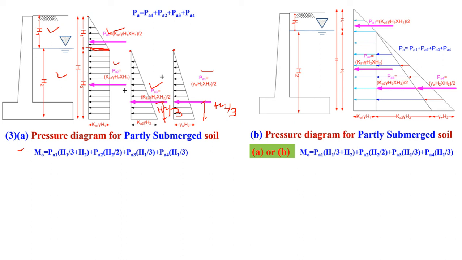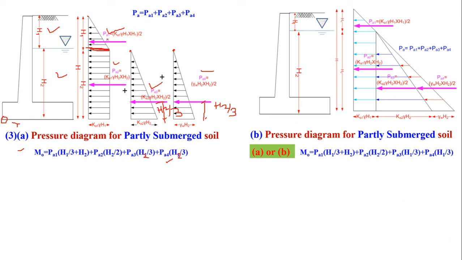So the moment of PA4 is PA4 into H2 by 3, you just do the correction. Again for PA3 it is the same, because we are taking the moment at the toe level, so it is necessary to make that change. So PA3 into H2 by 3, PA4 into H2 by 3. So the moments of PA3 and PA4 are done.